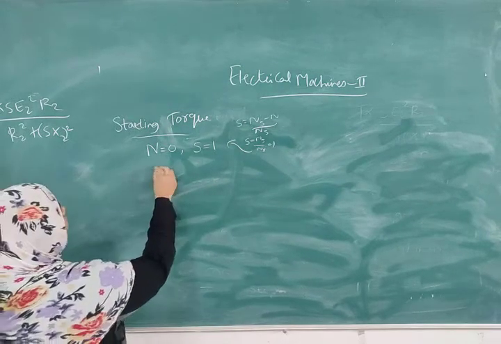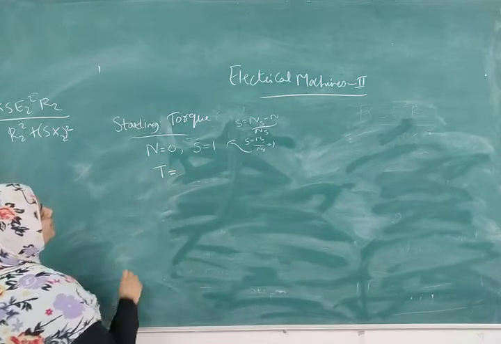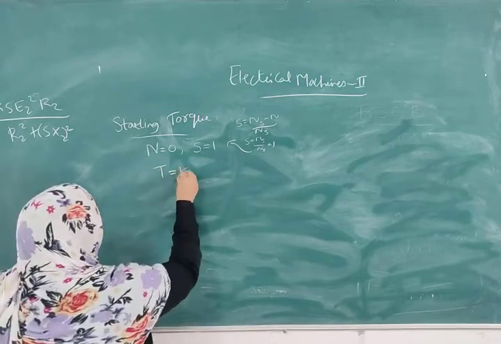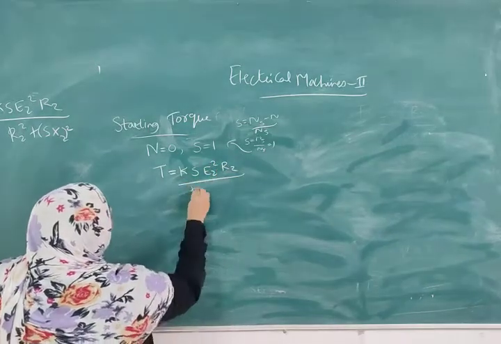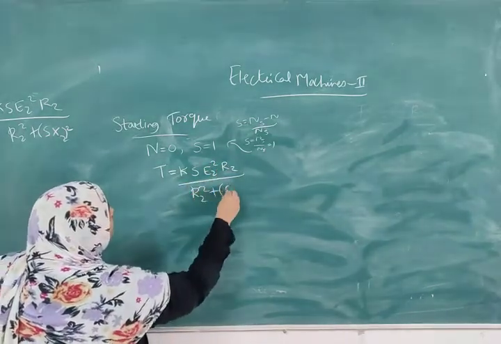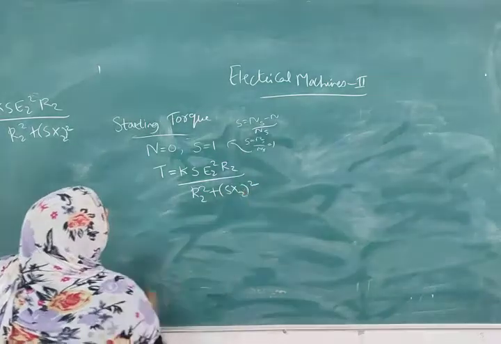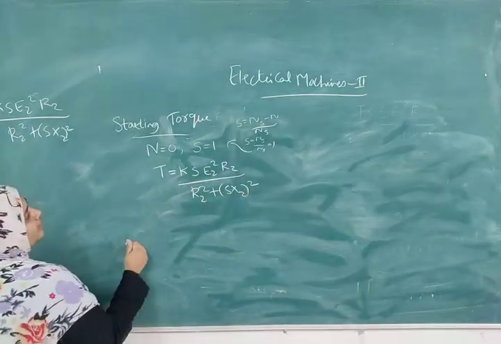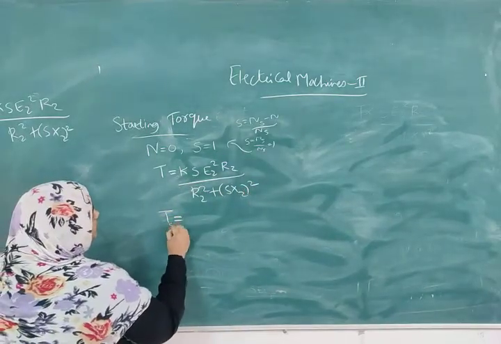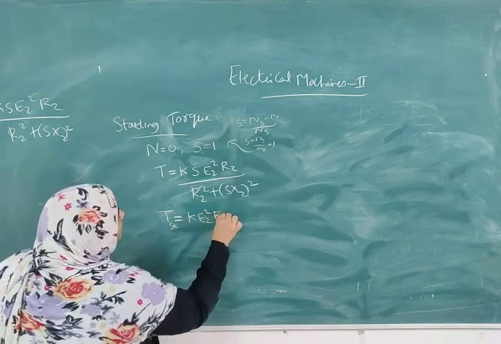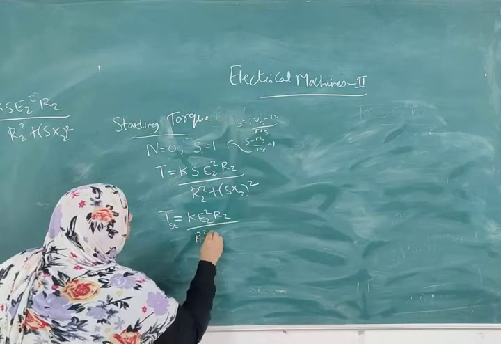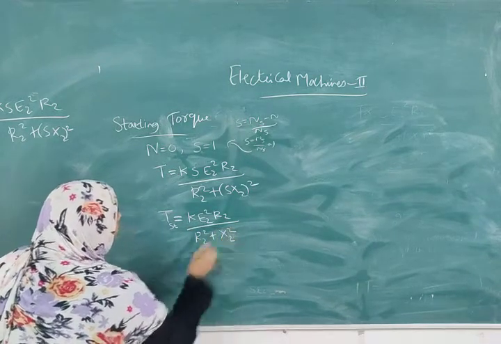So substitute the value of slip equal to 1 in the torque equation. Torque equation is T is equal to K S E2 square R2 by R2 square plus SX2 whole square. Substituting S equal to 1, the starting torque TST will be equal to K E2 square R2 by R2 square plus X2 square.